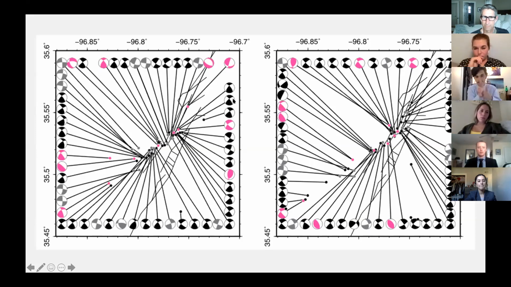That just indicates that it is a right lateral earthquake or fault. The black focal mechanisms represent the positive Coulomb numbers, and the gray represent the negative Coulomb numbers from the results. The pink or magenta focal mechanisms are anomalous, and they were unsure what happened with those earthquakes.